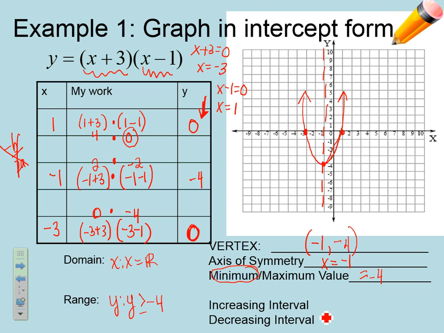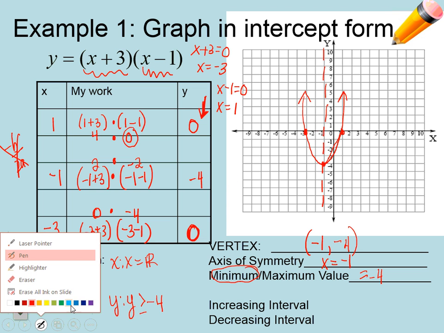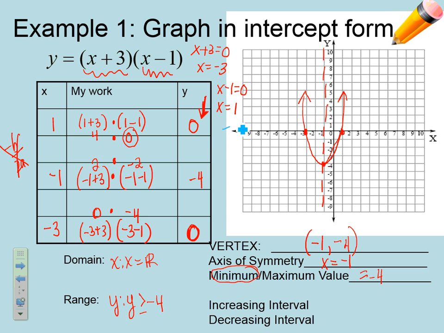And now my increasing and decreasing intervals. Remember what I told you in class yesterday, that if you put negative infinity over here and positive infinity over here, from negative infinity all the way to this, what is the graph doing? Remember, we'd have to walk down, so this is decreasing.